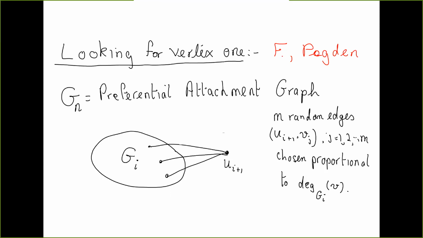Well, it's a sequence of graphs G1, G2, G3 up to Gn. And how do you get to G_{i+1} from G_i? Well, you add m random edges. And when you add an edge from vertex i+1, you have to choose your neighbors in G_i proportional to their degree. So this is, I suppose, the first real-world model of a real-world network. And it's the simplest one. It's quite nice.